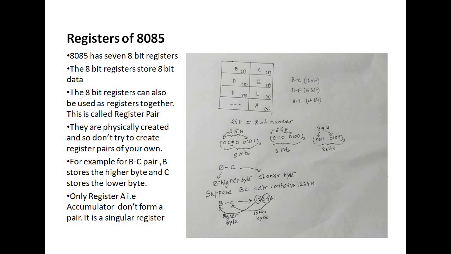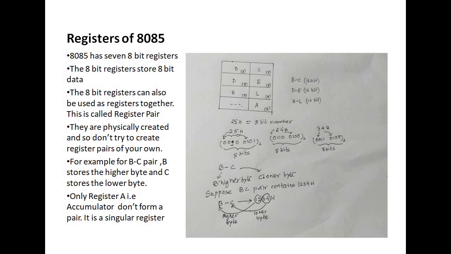Now the only register that doesn't form a pair is register A. It is also called a singular register. Now A is the most important register. I think you have already learned in the architecture video that A is also called the accumulator, because in any arithmetic or logical operation, A holds the operand and the result.